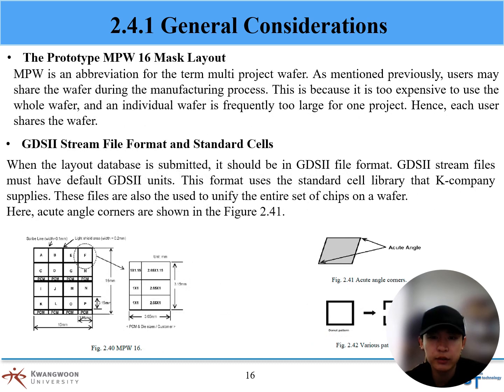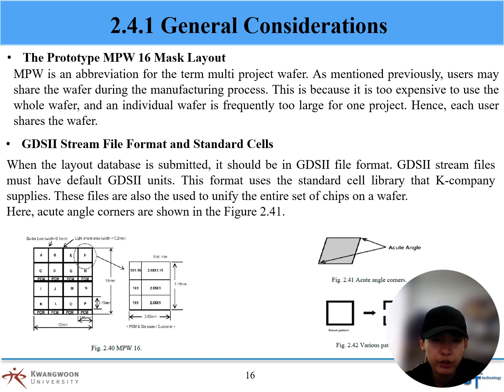This part is the general considerations. MPW is an abbreviation for the term Multiple Project Wafer. As mentioned previously, users may share the wafer during the manufacturing process. This is because it's too expensive to use the whole wafer, and an individual wafer is frequently too large for one project.